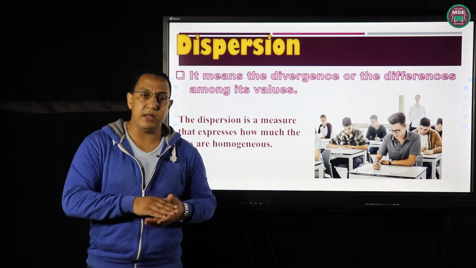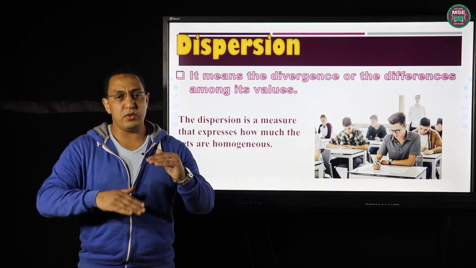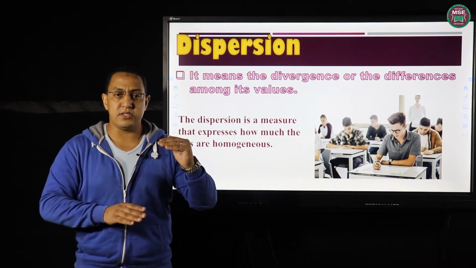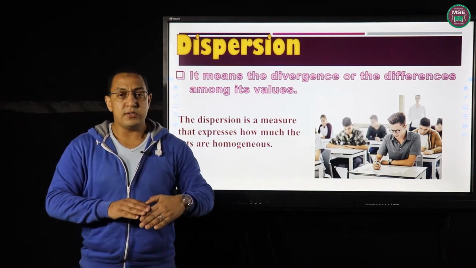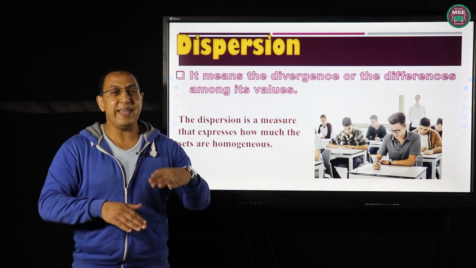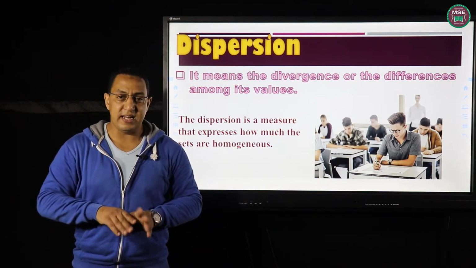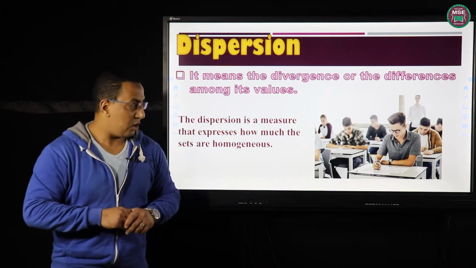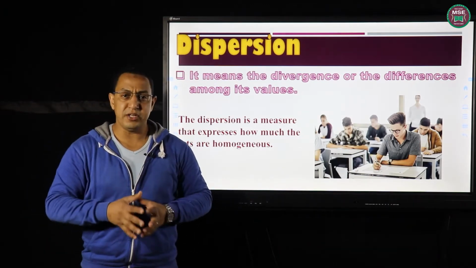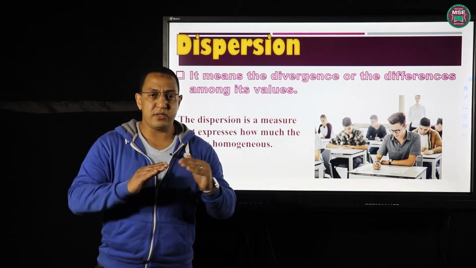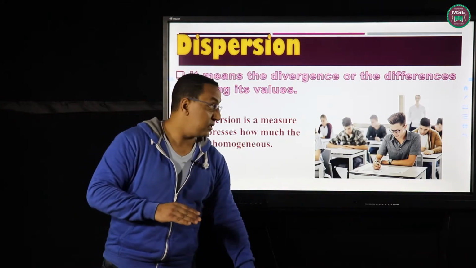But in a third class, if some students have a perfect level and other students have a low level, this class is heterogeneous because there is a gap between the levels of the students. Finally, the dispersion measures how heterogeneous or homogeneous the class is.